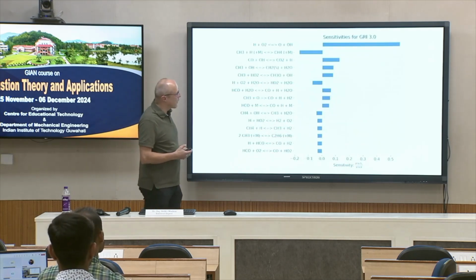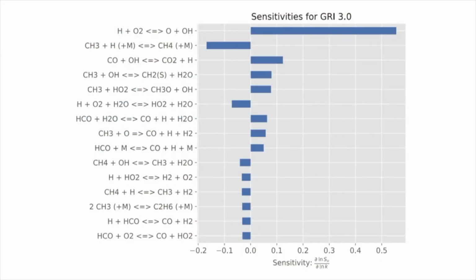So and here the outcome, again my favorite is here, H plus O2 gives O plus OH. So if we increase the reaction rate of this equation, we would increase the flame velocity. And so the flame velocity strongly depends on these reactions, and so on.